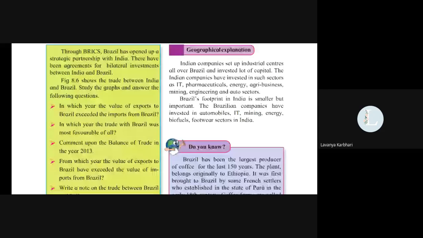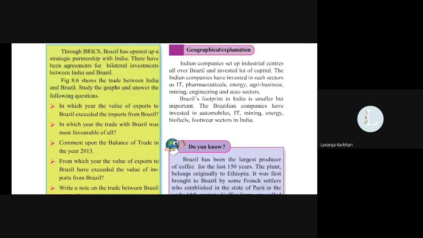The Indian companies have invested in such sectors as IT, pharmaceuticals, energy, agribusiness, mining, engineering, and auto sectors. So these are some sectors where Indian companies have invested in Brazil. We already know India is a big service provider of the IT sector, also the pharmaceuticals. Okay.